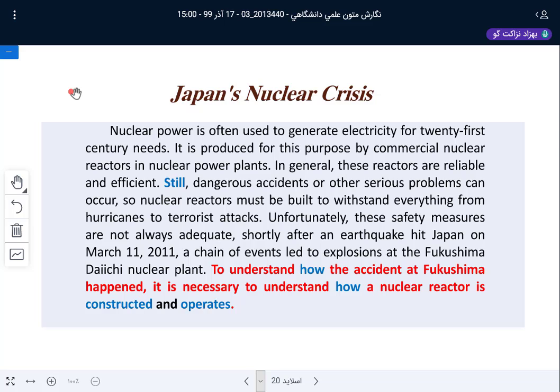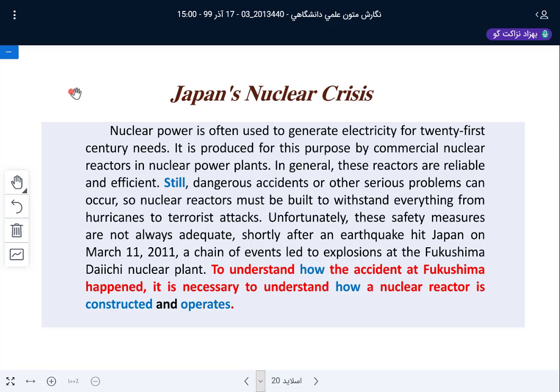Shortly after an earthquake hit Japan on March 11, 2011, a chain of events led to explosions at Fukushima Daiichi nuclear plant. So far we specify, and now we want to make our argument.